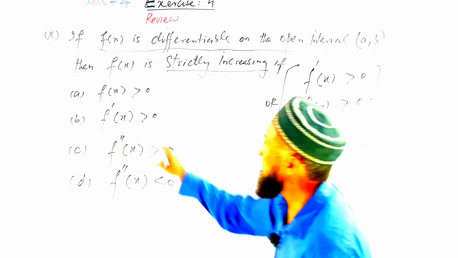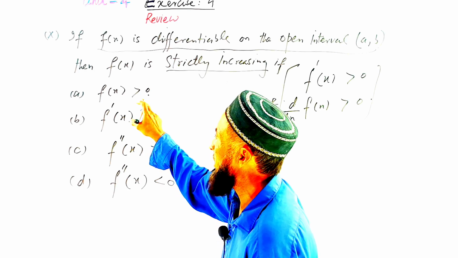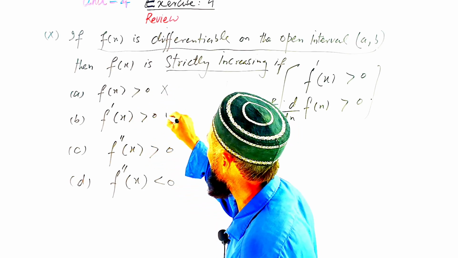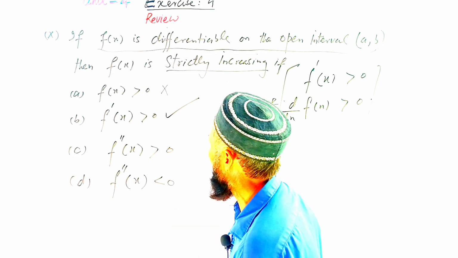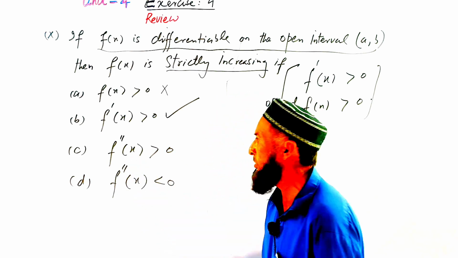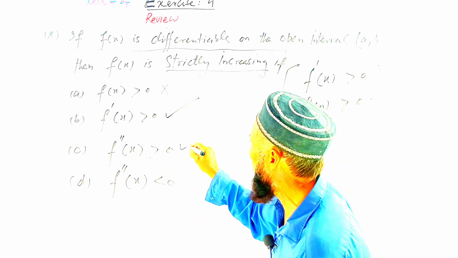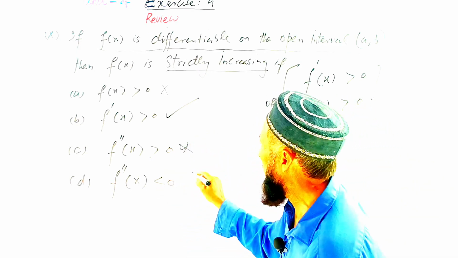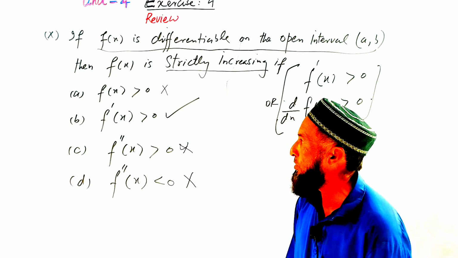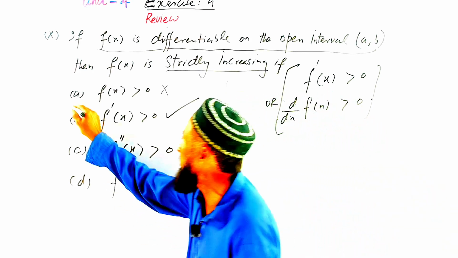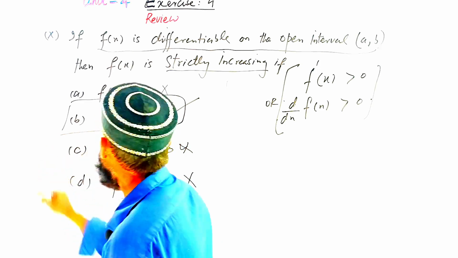F of x alone being greater than 0 is wrong, and the condition with the double derivative is used for finding relative minimum or maximum. Here the function is strictly increasing, so the first derivative of f of x must be greater than 0.